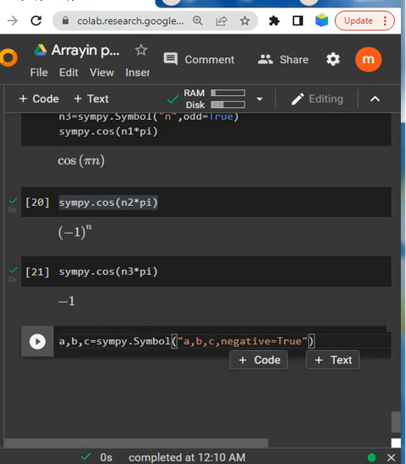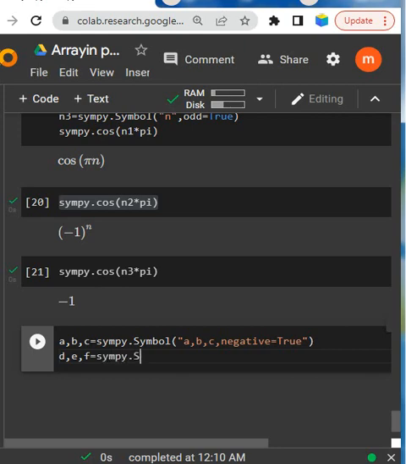Similarly, now I am going to take a second variable: d, e, and f. Again you write sympy.symbols, and I have created a string "d, e, f" with positive equal to true.